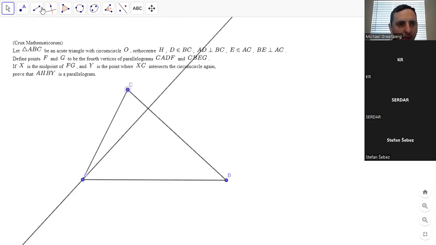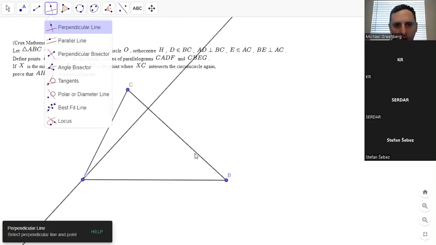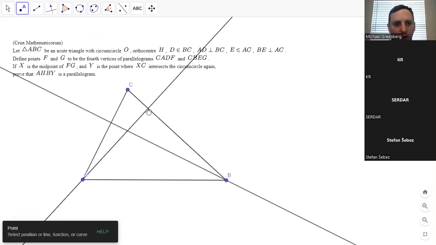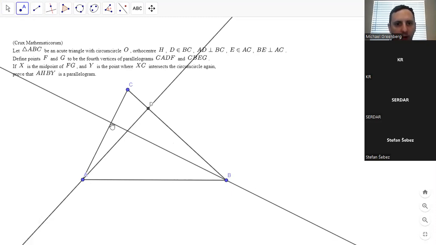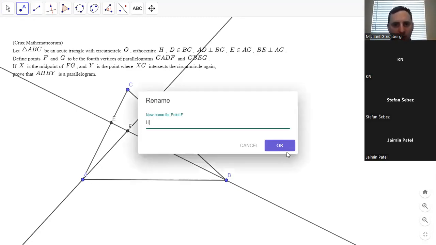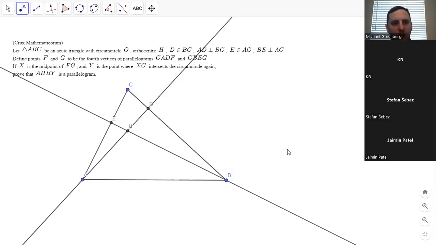So AD is perpendicular to BC. So this is D, this is E. This is H. And F and G are the fourth vertices of CADF and CBEG.